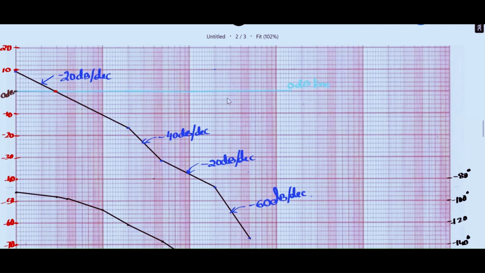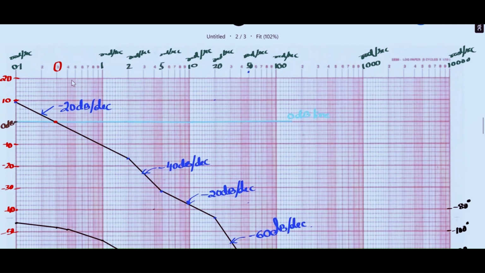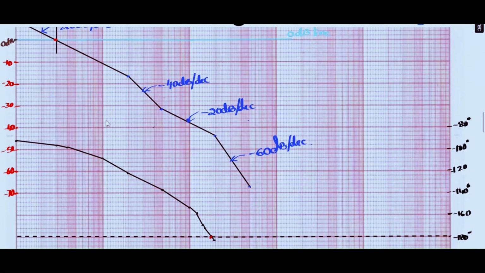So this is 0 dB, where I draw a vertical line, and it should cross the phase plot.